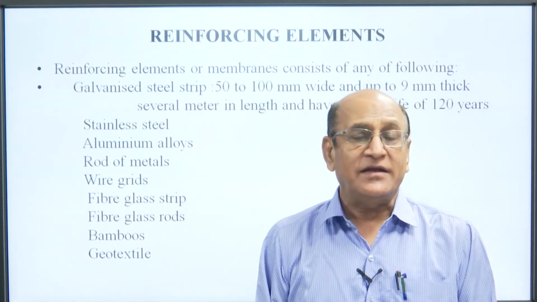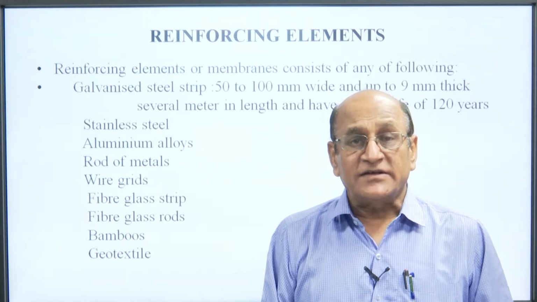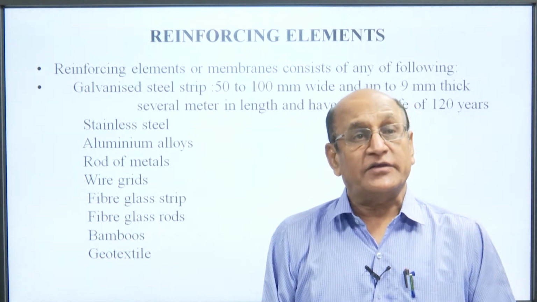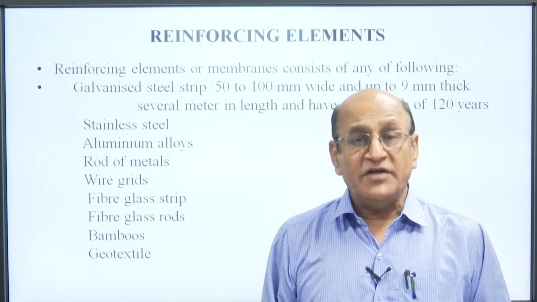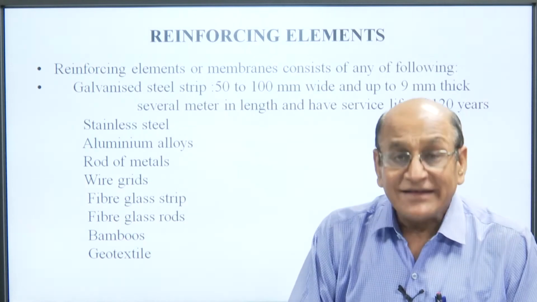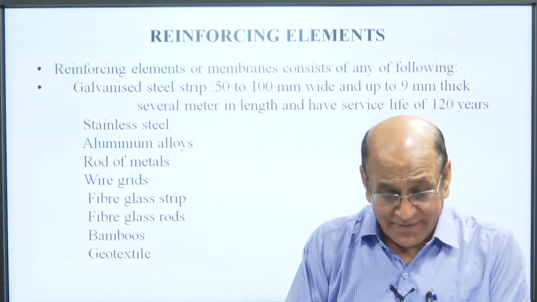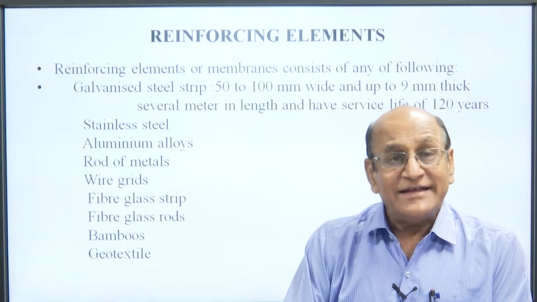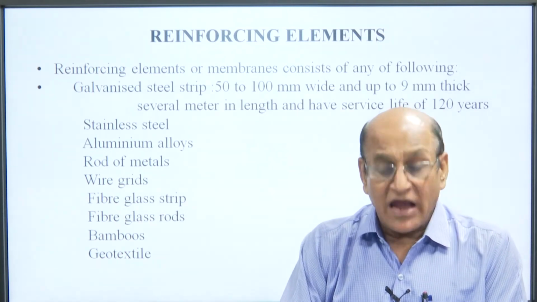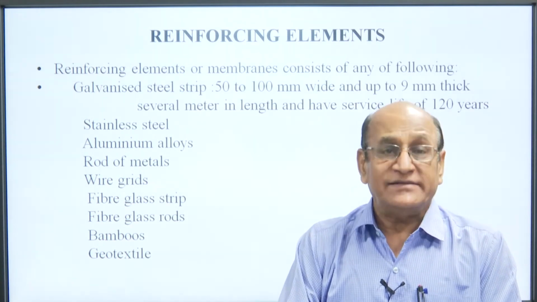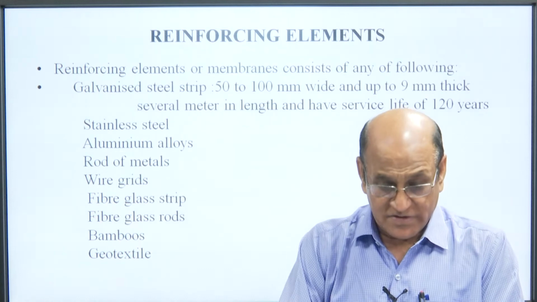So, we can imagine that after the construction we can be free from any type of distortion or deformation for up to 120 years. The second reinforcing element is stainless steel. Next are aluminum alloys. Next, rods of metals can be used.